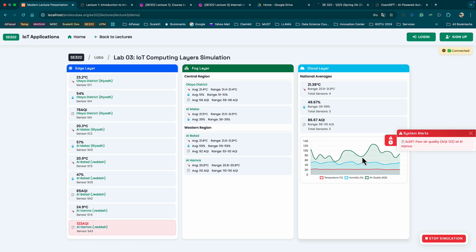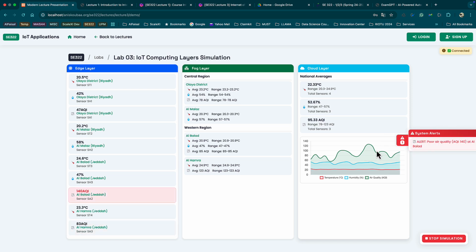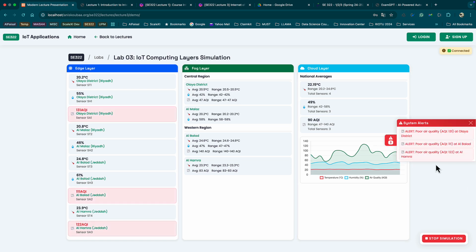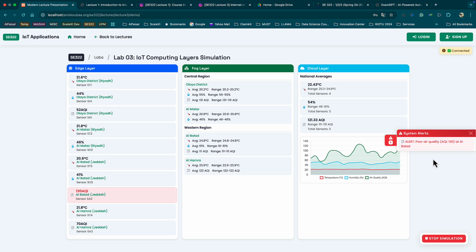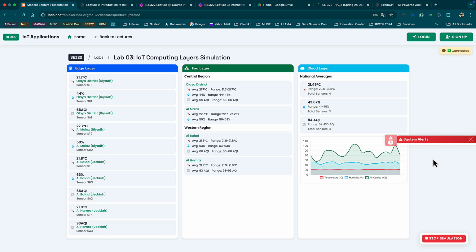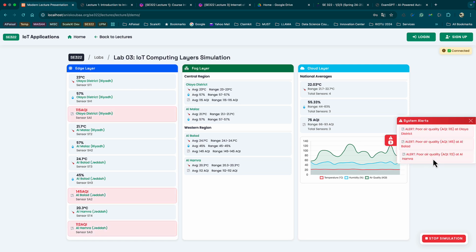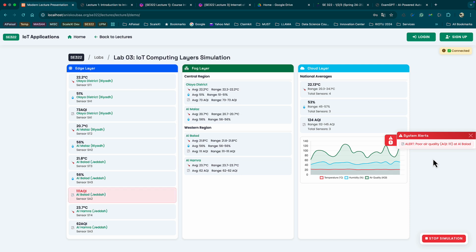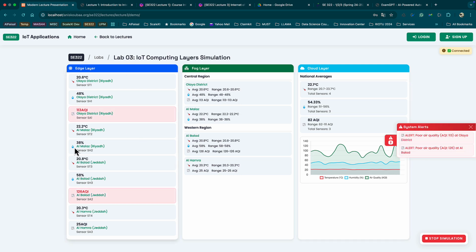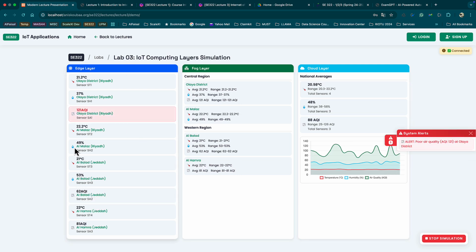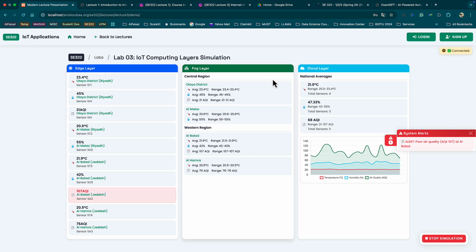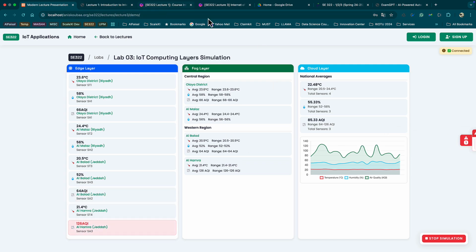Look, now for example when air quality rises a lot, it can be an alert like you see here. There is poor air quality, there is pollution, maybe gas emissions from cars or something else happening. Okay, so this is an example of simulated data that goes from the edge layer into the cloud computing layer.